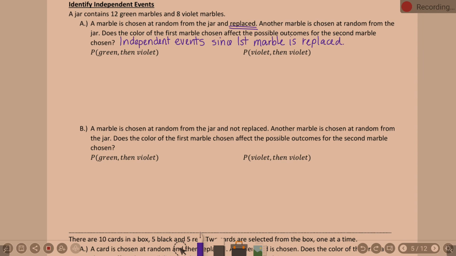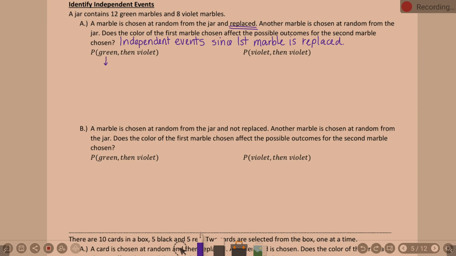Now, we have a couple probabilities to look at when you get done writing that. First question is probability of drawing a green marble on the first draw, and then a violet marble on the second draw. So what's the probability of drawing a green marble? 12 out of 20, yes?